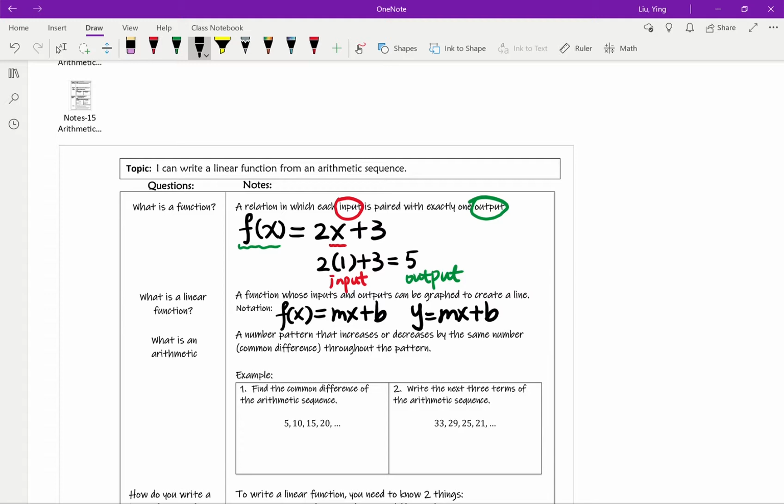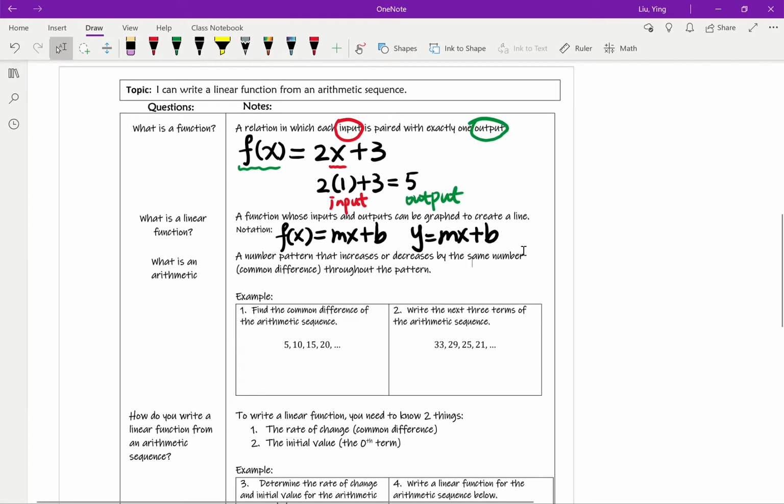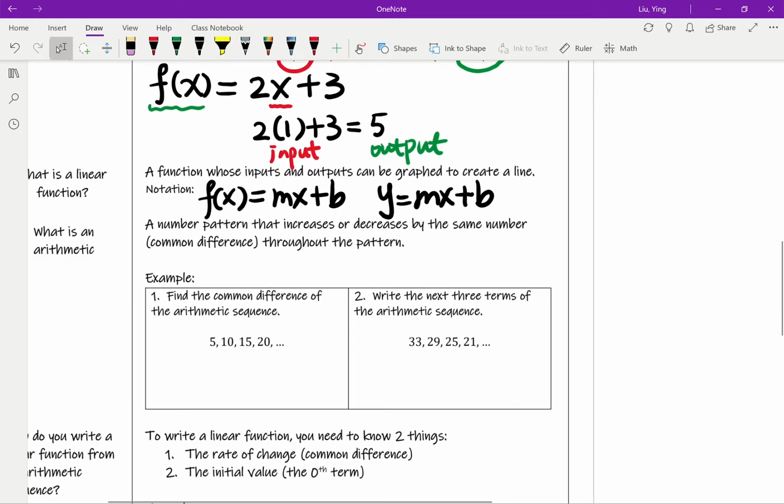For example, if we have 5, 10, 15, and 20, we want to find the common difference. First, we need to find the pattern. Going from 5 to 10, the pattern is that it increased by 5, because 5 plus 5 is 10.